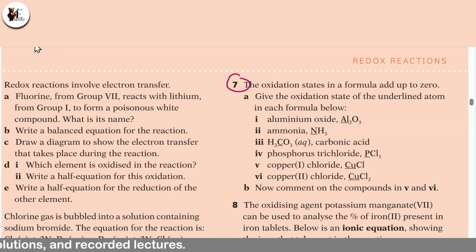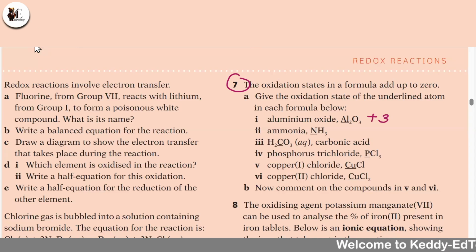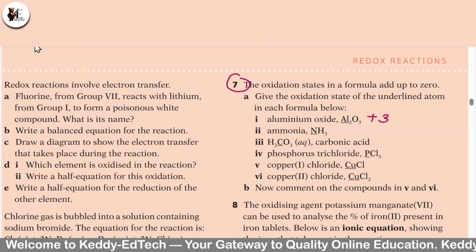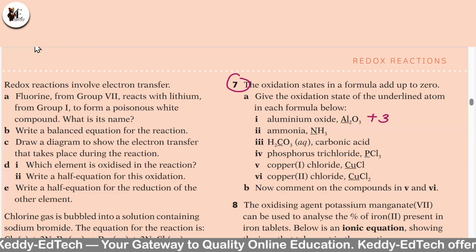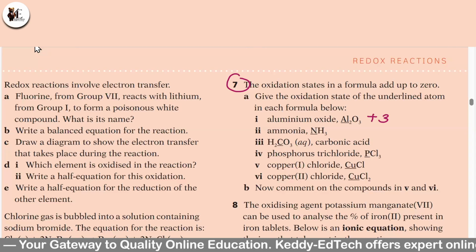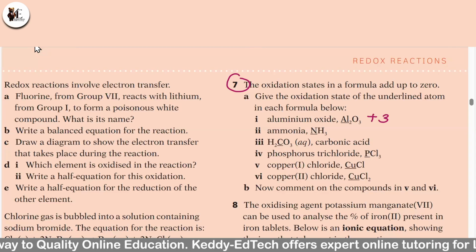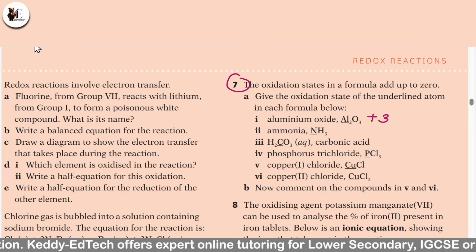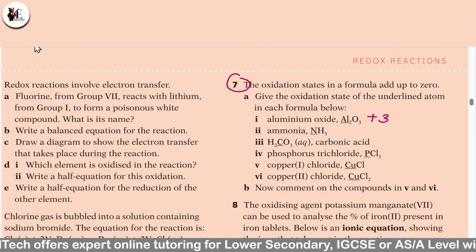The oxidation state of aluminium in aluminium oxide is +3. Yes. Of nitrogen in ammonia? It's +3 also. Look again. Nitrogen is in group 5, but which is more electropositive?